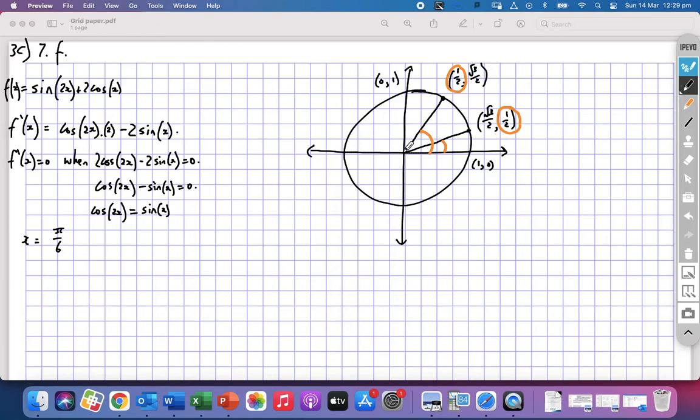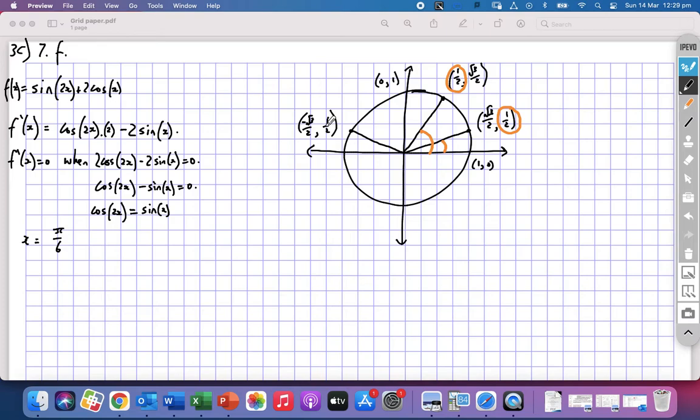There is another one here. The problem with this is I think it's easy to miss them. Right, so we are going to do this a slightly different way in a minute. But if I took 5 pi on 6, I think that's the next one from memory, then the sine would be a half.